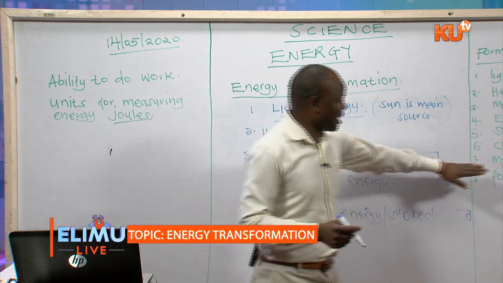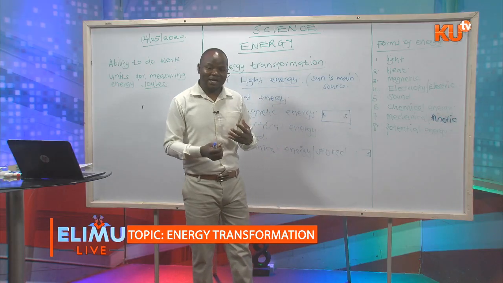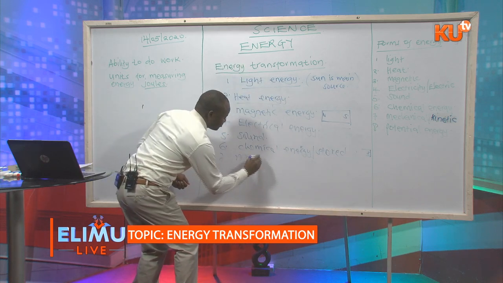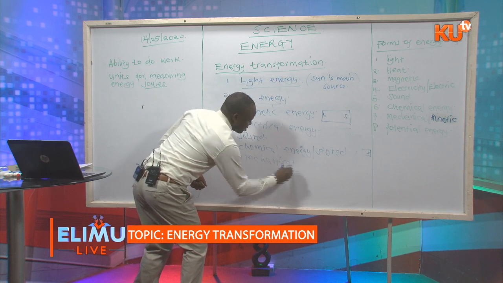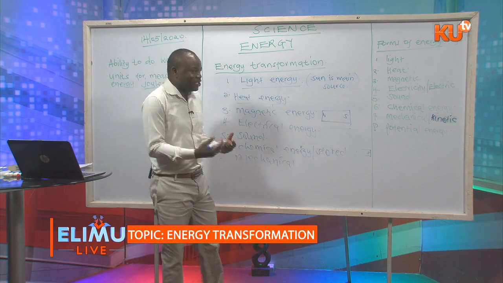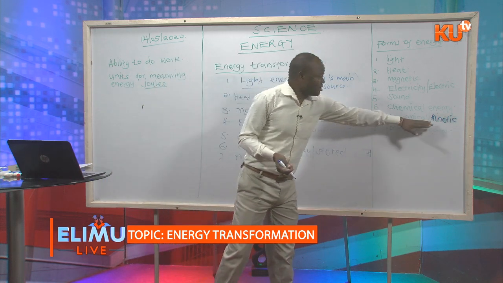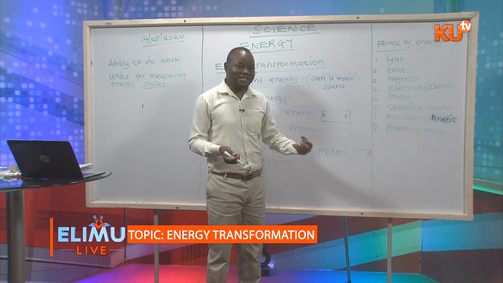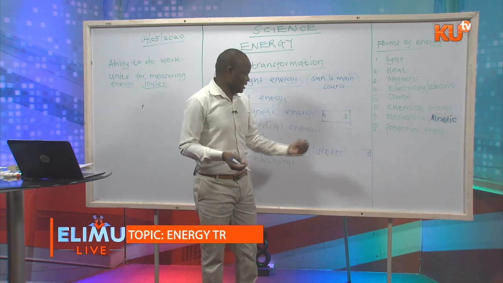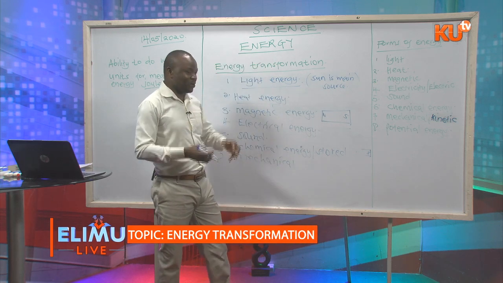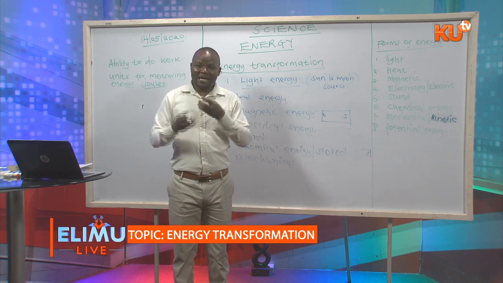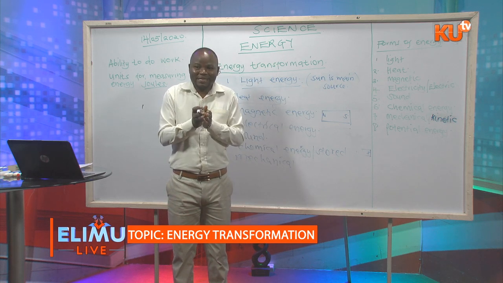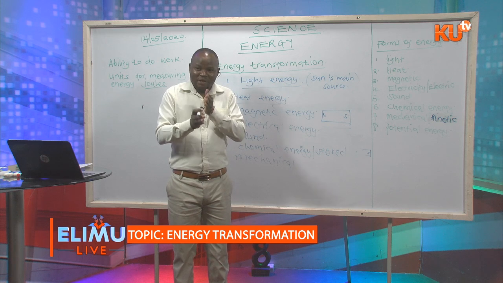Then we have number 7, mechanical energy, which includes motion. Mechanical energy is the energy in motion. That is why I use the word kinetic, to demonstrate that kinetic is the energy in motion. It's when the dynamo or the engines are moving that you can see mechanical energy being used.